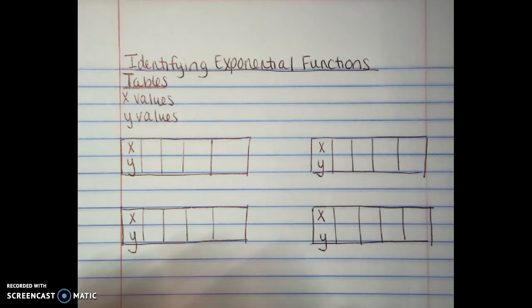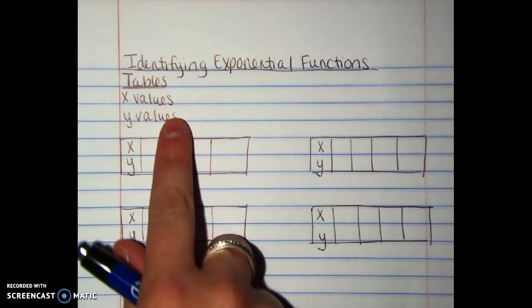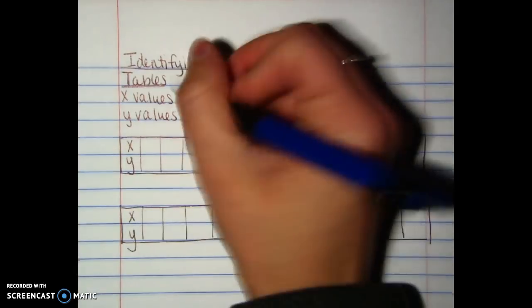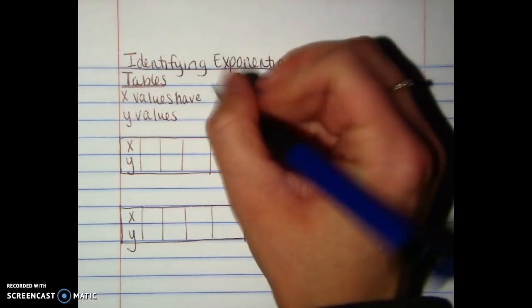Okay, so when we're looking at tables, you'll see tables and equations today. There's rules about tables. The x values have a constant difference.